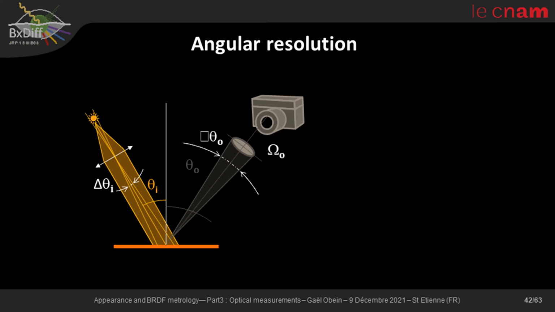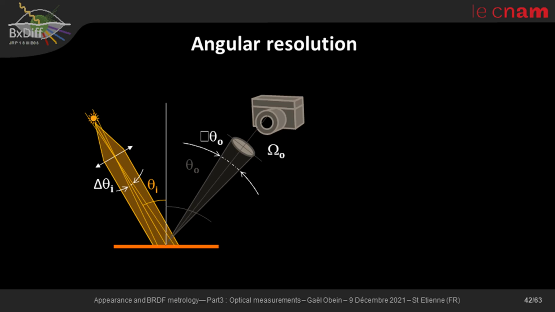That's what you think, but it's not completely true because on this side, you have a light source that is usually collimated, but this light source is not perfectly collimated. The collimation depends on the size of the object you have here. So if your object has a given size, and it always has one, then you have a divergence of your incoming beam that is given by this delta theta i, the size here divided by the focal.